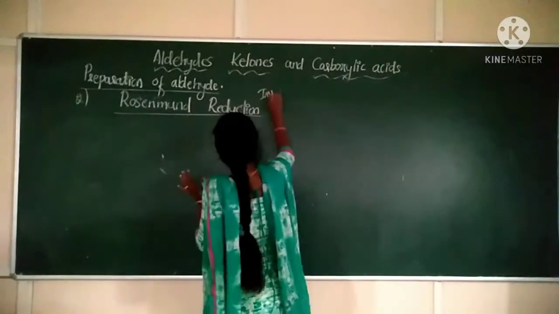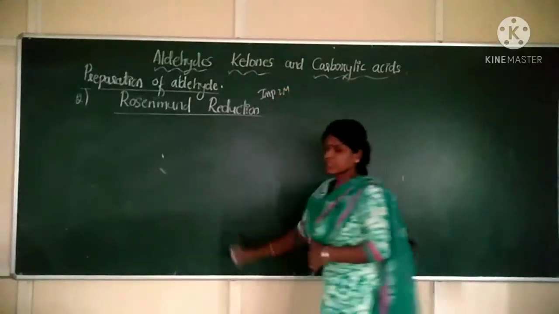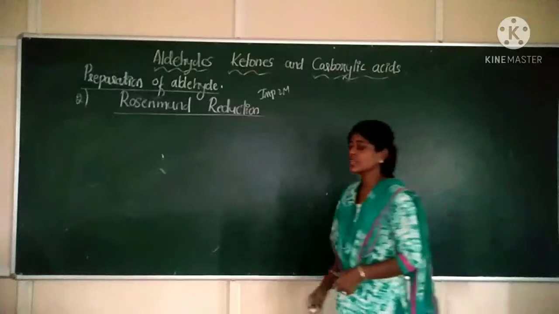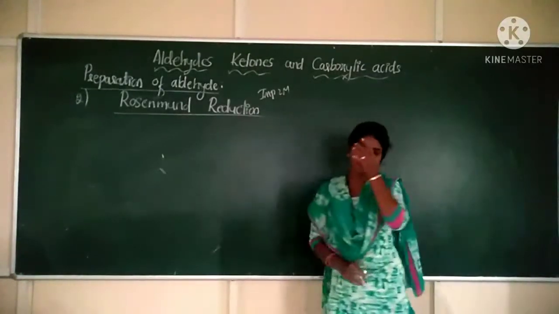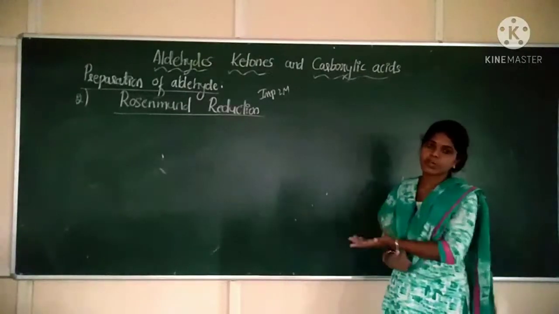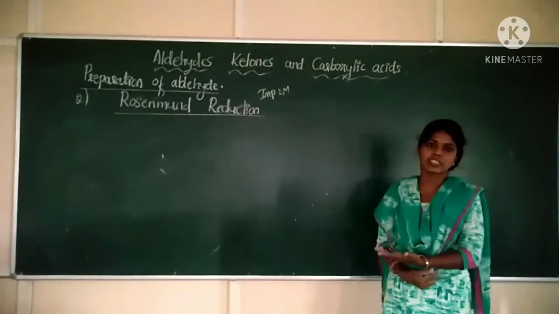Important for the examination. So you may expect this question in your examination. 2 marks, many times it was asked. Okay. So Rosenmund reduction, right here, for what? Acid halide, acetyl chloride.